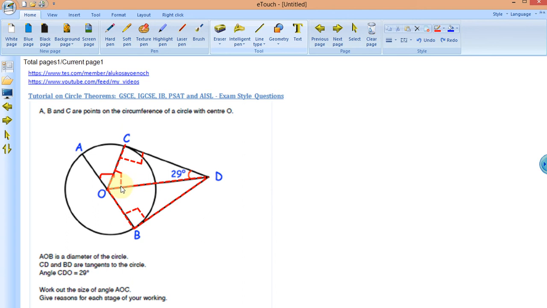Let's tag that P. That is in triangle COD. So I'm working with triangle COD now. So angle P plus 29 plus 90 degrees.